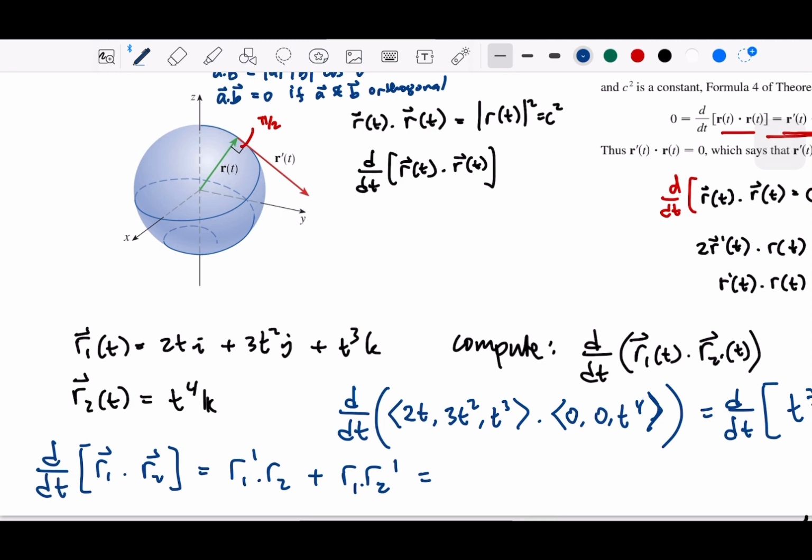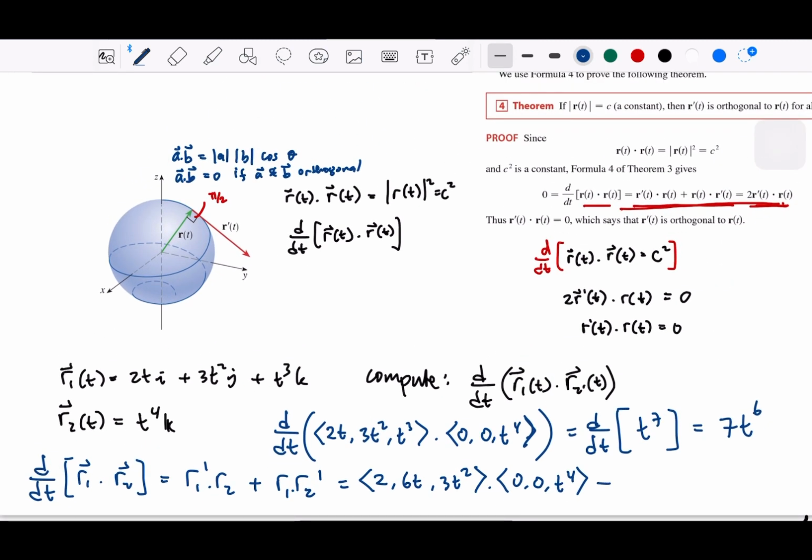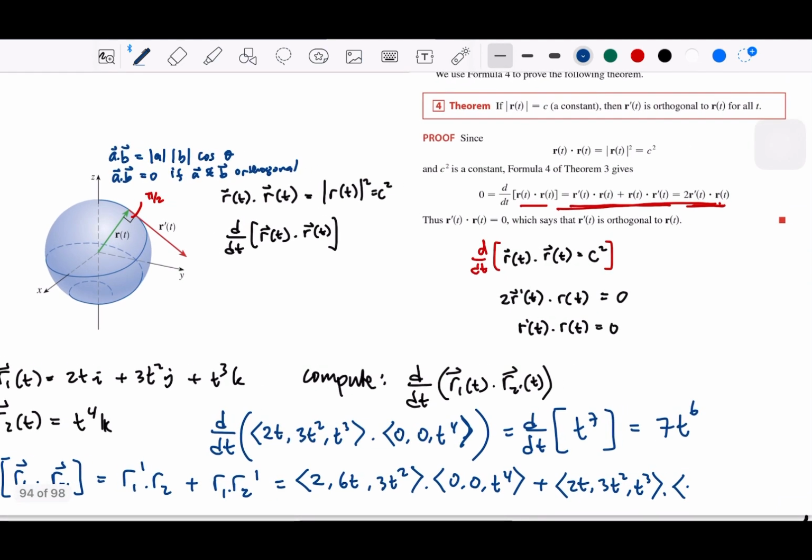So we derive first: R1 prime is 2, 6t, 3t squared, and then dot with 0, 0, t to the power of 4, and then plus 2t, 3t squared, t cubed dot the derivative, which will be 0, 0, and 4t cubed.